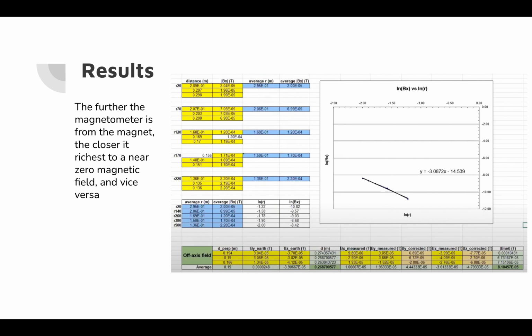And in our results, basically what we discovered is that the further the magnetometer is from the magnet, the closer it is to a near zero magnetic field, and vice versa. Apologize for that typo there.